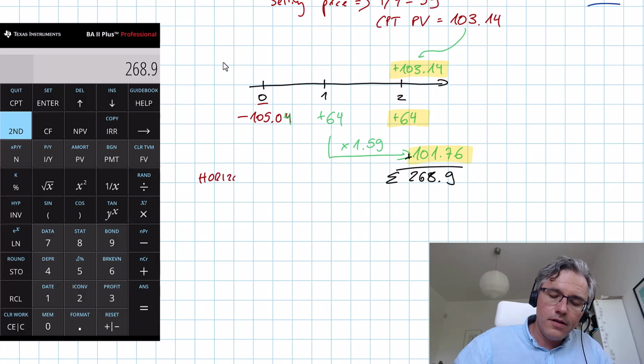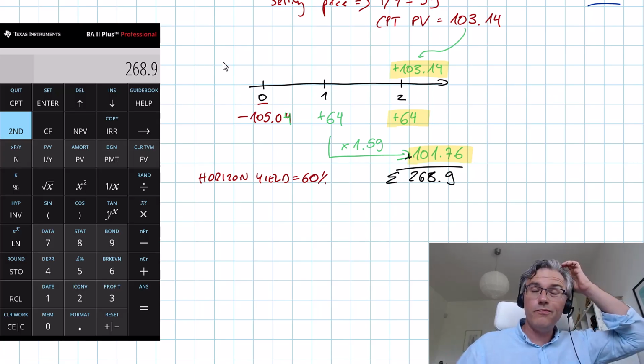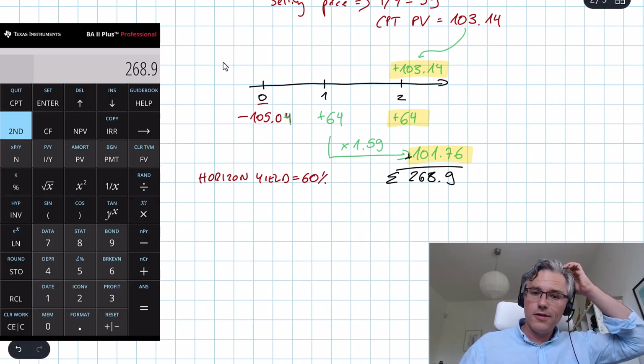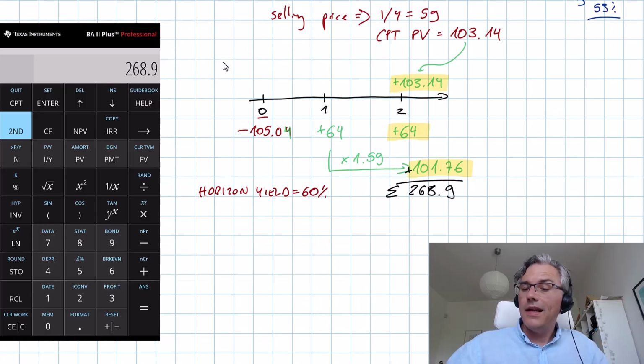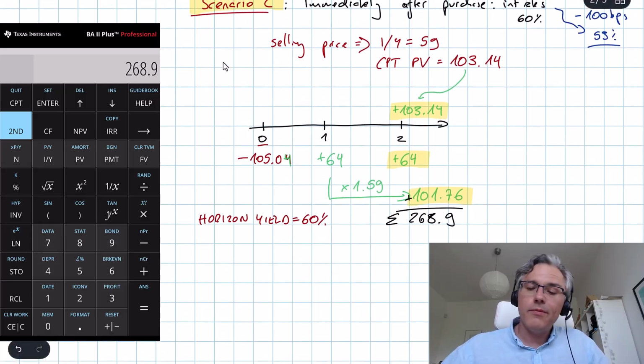Horizon yield, in this case, is still going to be that same 60%, which is equal to the original YTM, yield to maturity.